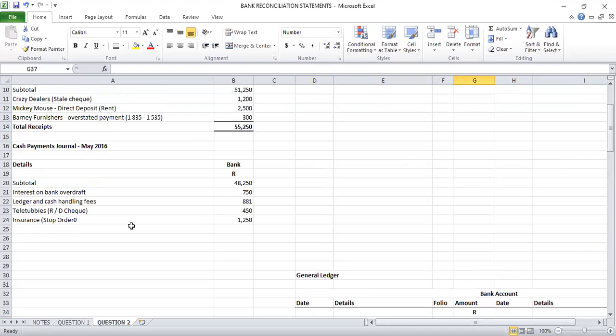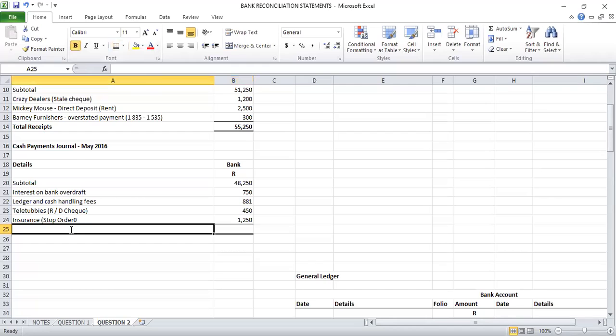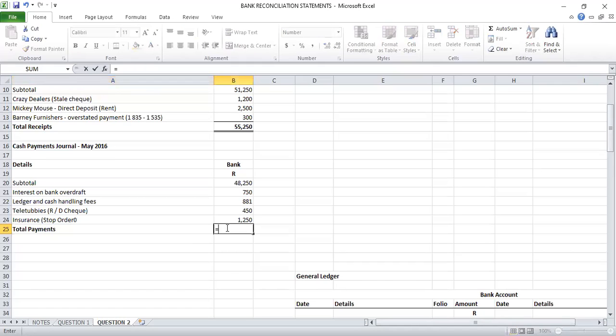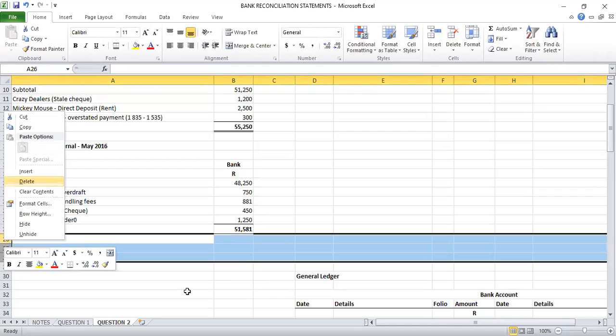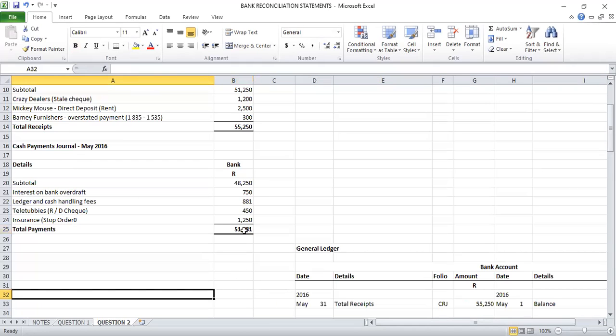Any questions on the cash receipts journal? Then we do the same for the cash payments journal. We find the total, which is called the total payments. That will be our total payments. Then this total payments is money going out, so it has to go in the bank account.